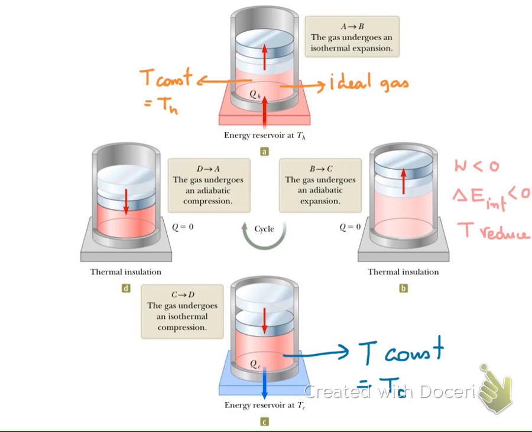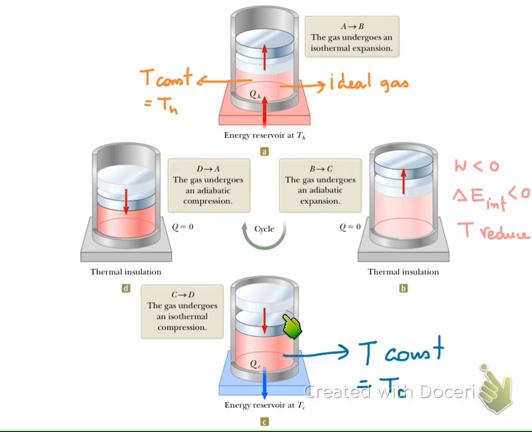Since T is constant here, the change of the internal energy must be 0. When the heat leaves the system, there is work done on the system and the gas is compressed. So we have the isothermal compression here.